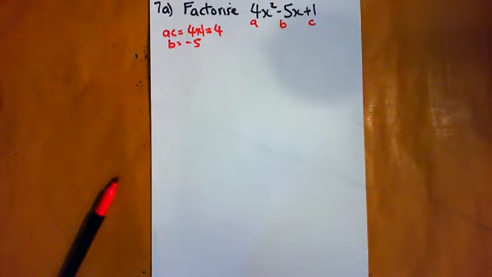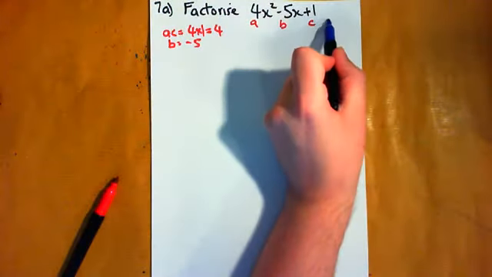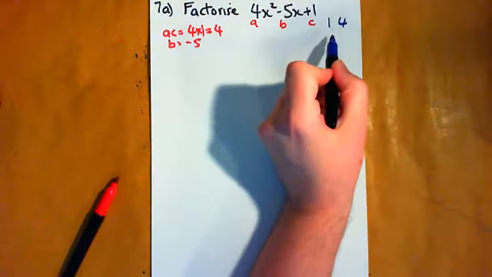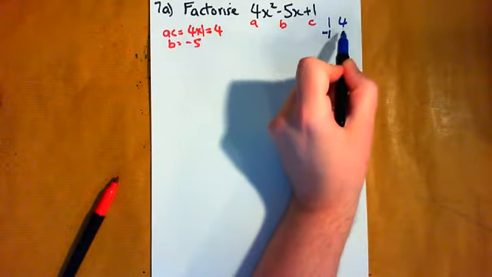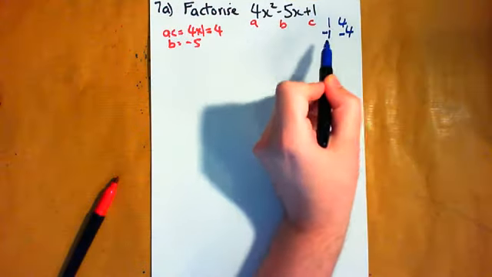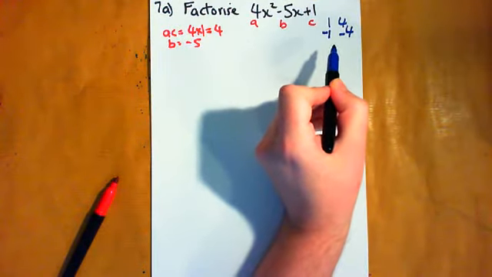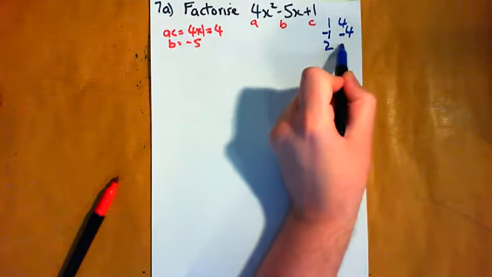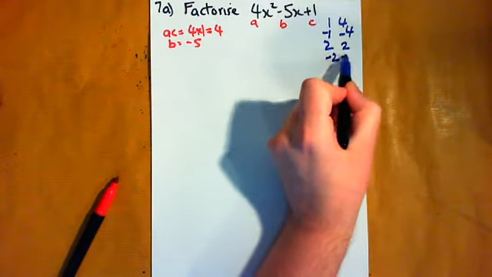Well, let's use the same systematic approach that we used in question 2. So we want two numbers that multiply to 4. One pair could be 1 and 4, and another pair could be the negatives, -1 and -4. Another possible pair could be 2 and 2 and the negatives.